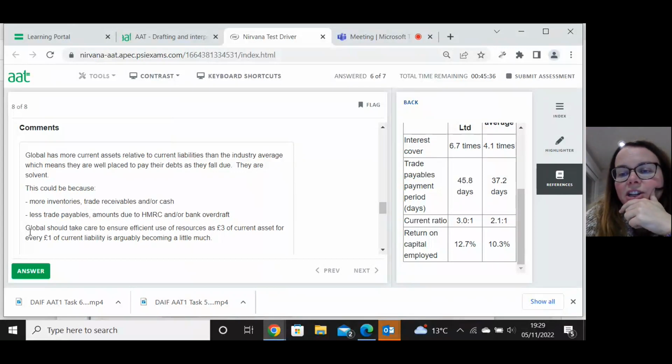We haven't got the quick ratio, so we can't say whether it's anything to do with inventories. Maybe they've got too much tied up in inventories.